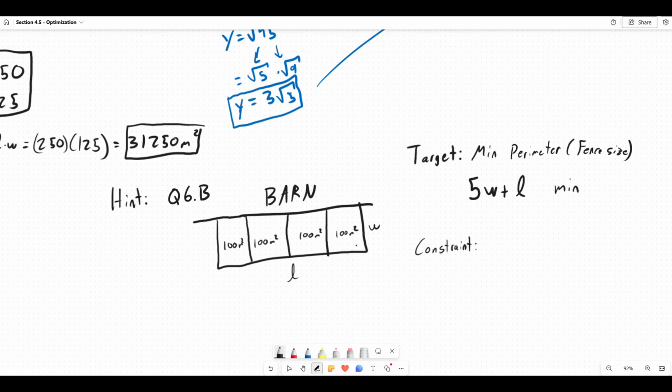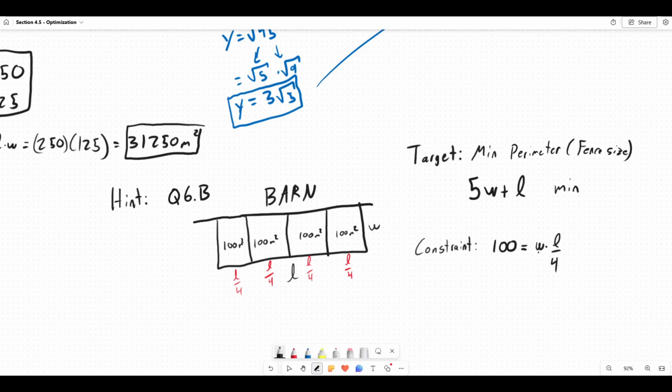Well, it must be true that each of these represents 100 square meters, and the area is going to be W times L over 4. So the constraint is 100 equals W times L over 4.